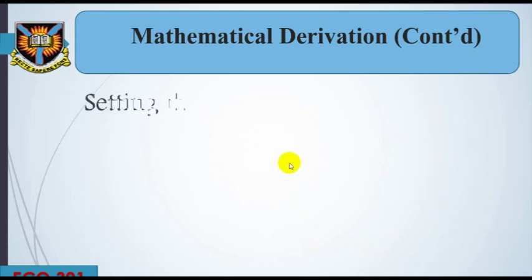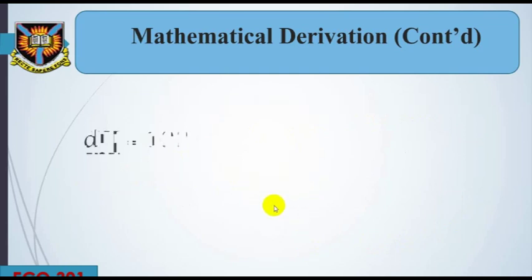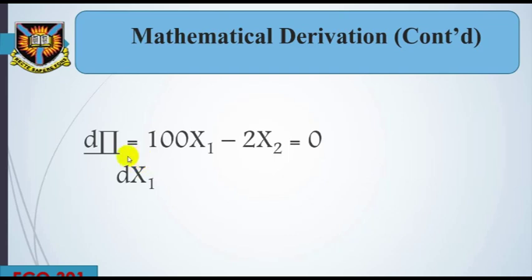Setting the partials equal to 0, we obtain the partial derivative of profit with respect to x1 is equal to 95 minus x1 minus x2 is equal to 0. The partial derivative with respect to x2 is equal to 100 minus x1 minus 2x2 is equal to 0.